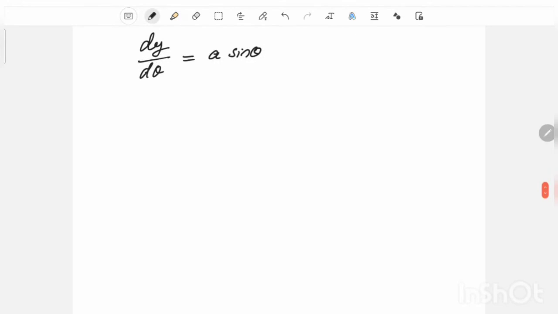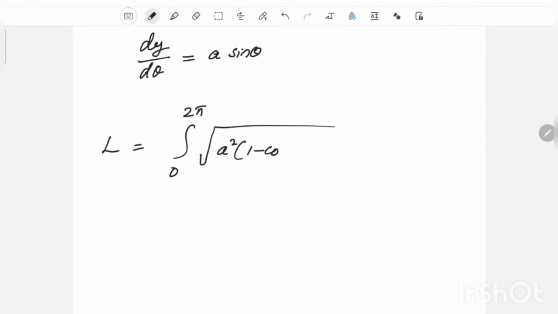So L is equal to the integral from 0 to 2 pi of square root of a square (1 minus cos theta) the whole square plus a square sin square theta d theta.